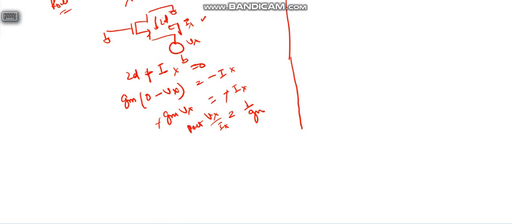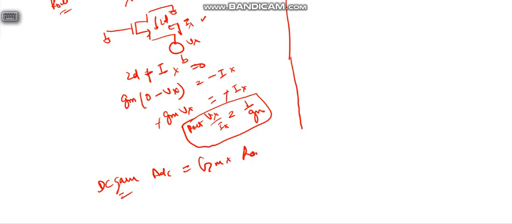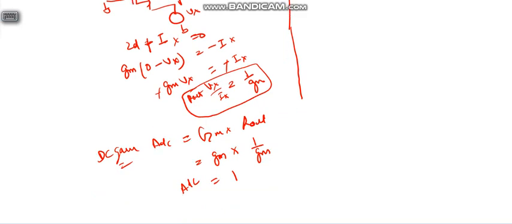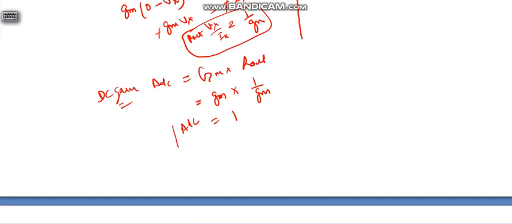So for this case Rout is 1 by gm. So the DC gain ADC equals gm into Rout. So gm Rout is gm times 1 by gm.